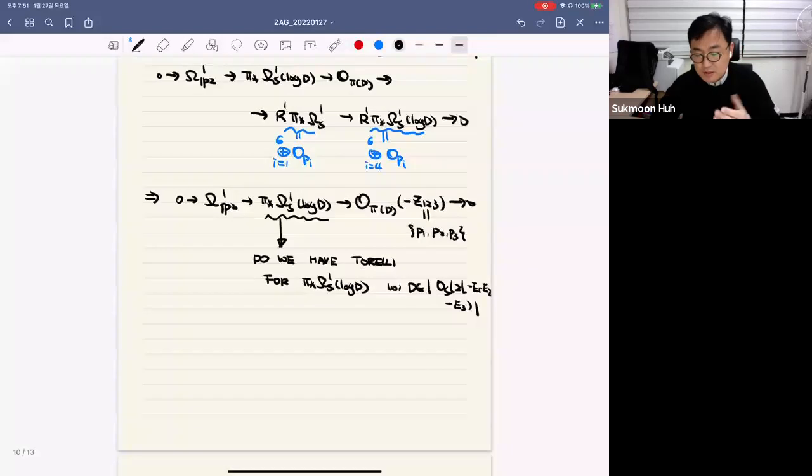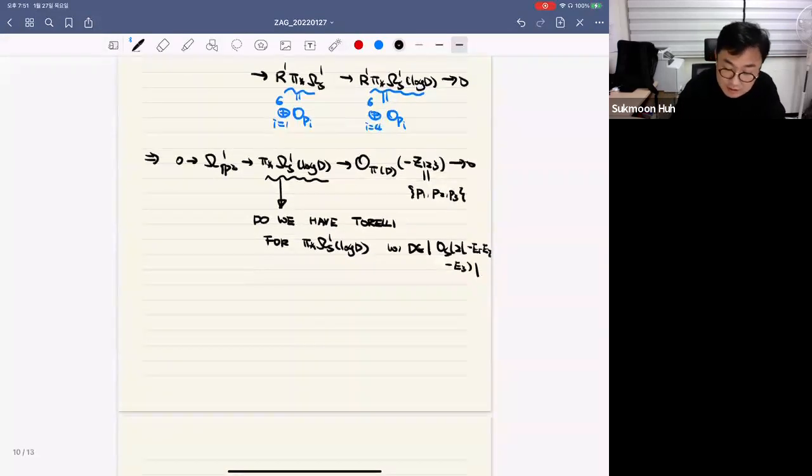So as D runs over the smooth conics in P2 through 3 points, which is parameterized by P2, can we still have a positive answer to the Torelli question? And the answer is yes.